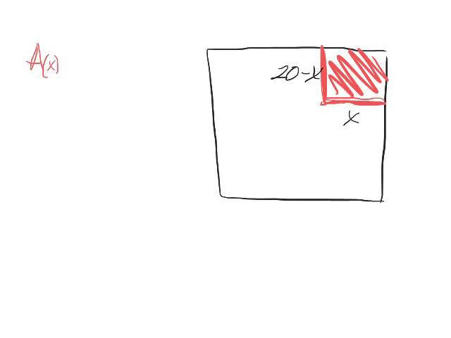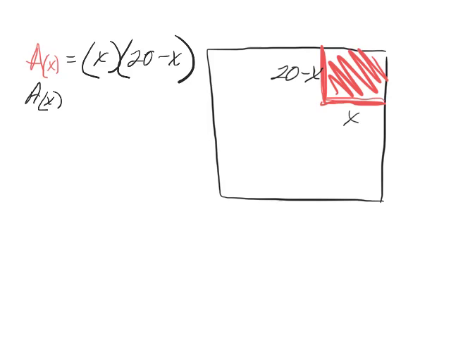So whatever x is, we know we have 20 of it, so our other side has to be the difference between this length and our 20 feet. So what is area? Area is length times width. So we've got that equals x times 20 minus x, or our area as a function of length is going to be 20x minus x squared.